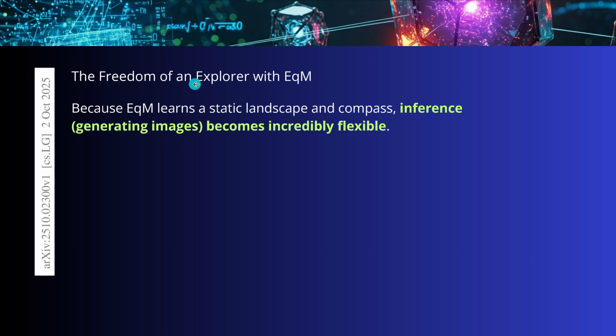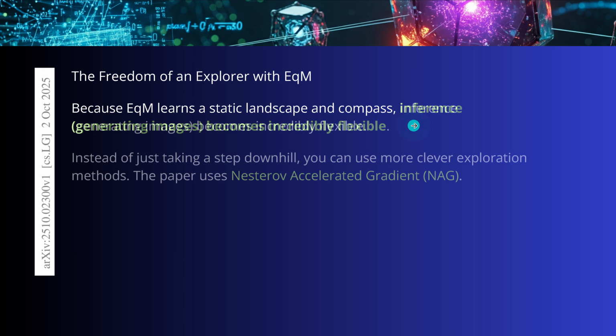Because this new methodology learns now a static landscape and a compass, the inference, our image generation task, is now so much easier, and becomes incredibly flexible also, no? Because instead of just taking a step downhill, you can make it even faster. Because you know from theoretical physics that we have not only the normal gradient functions, but we have accelerated gradient with a momentum.